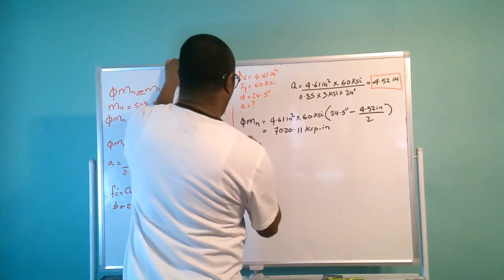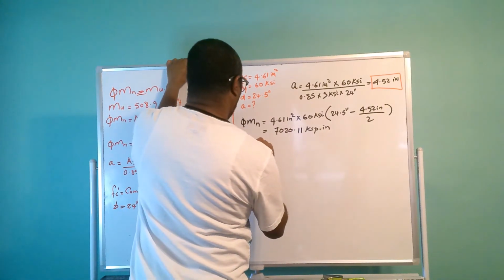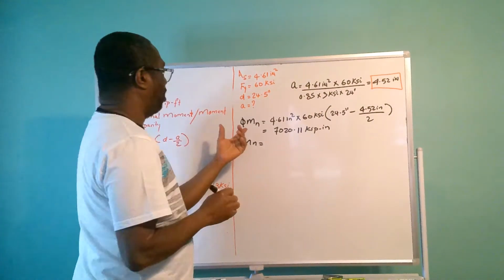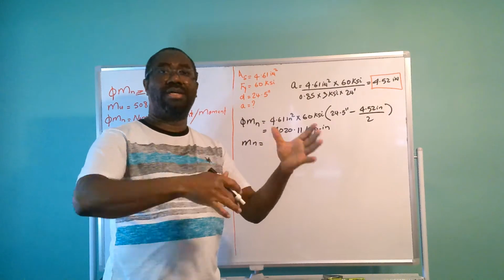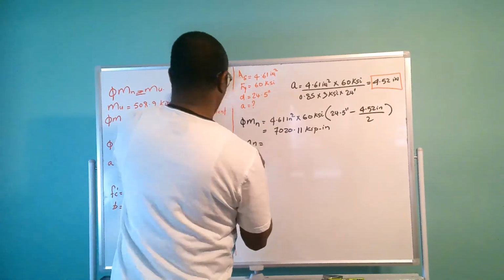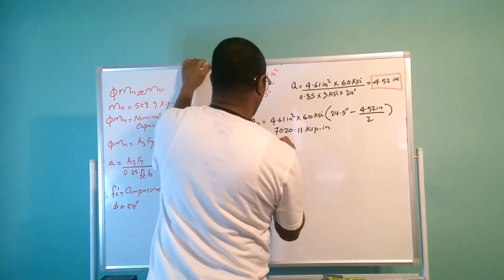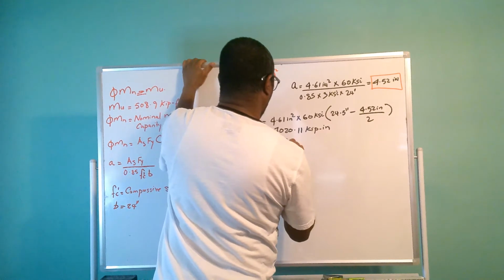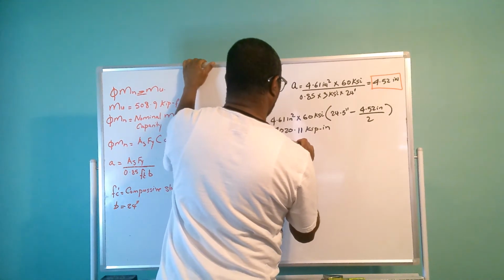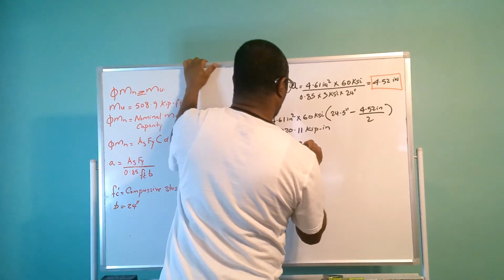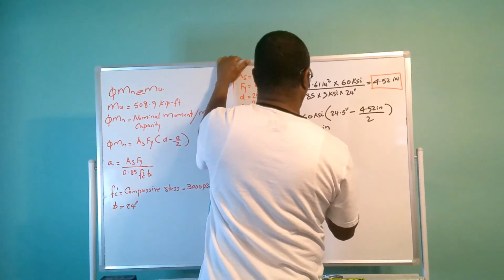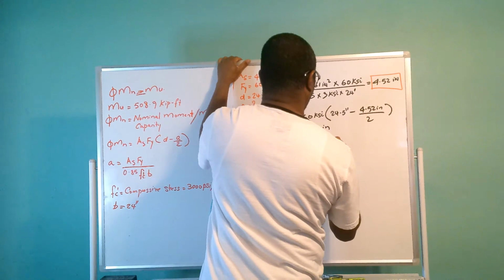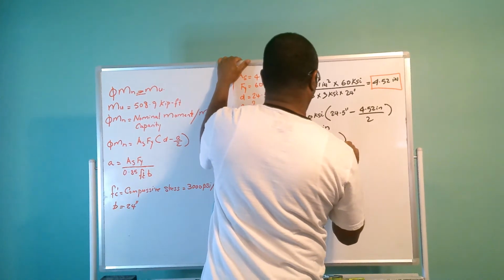Phi for flexure is 0.9, coming from my last video. So we have 0.9 times 7020.11 kip-inches.